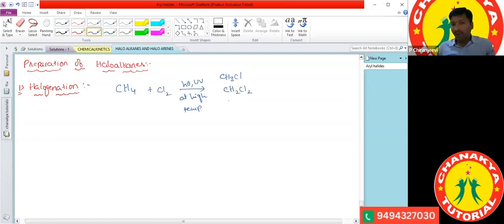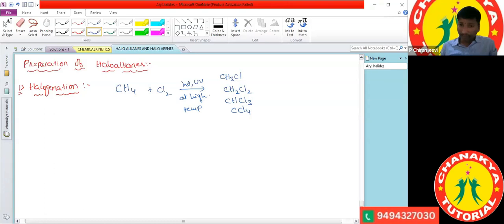If you remove three hydrogens, it forms chloroform, CHCl3. And if you remove four hydrogens, it forms CCl4. Methyl chloride, dichloromethane, chloroform, and carbon tetrachloride: all these mixtures of products are formed in the halogenation reaction.